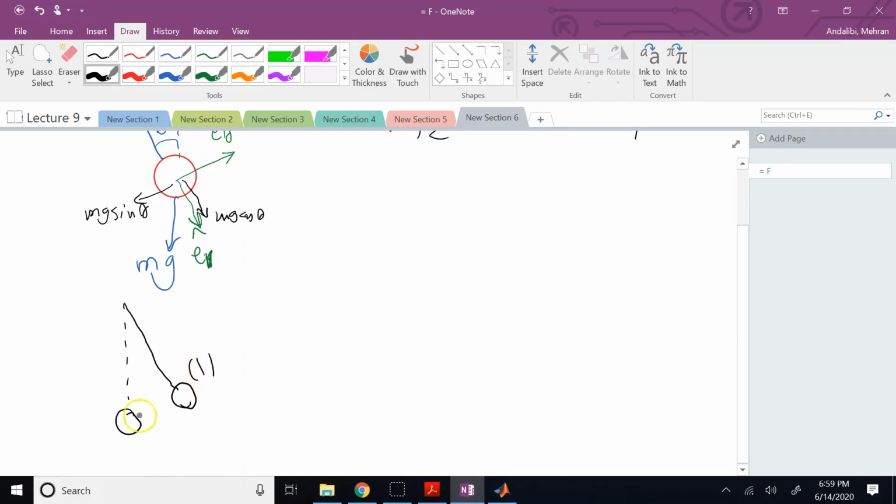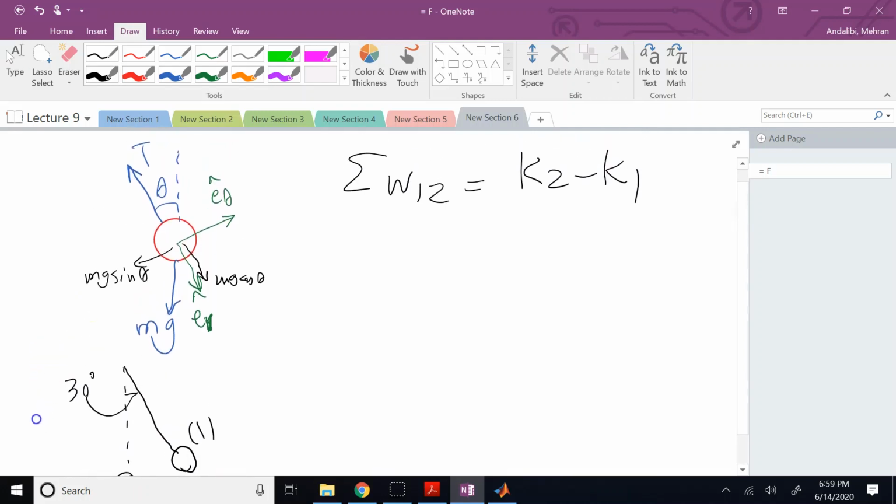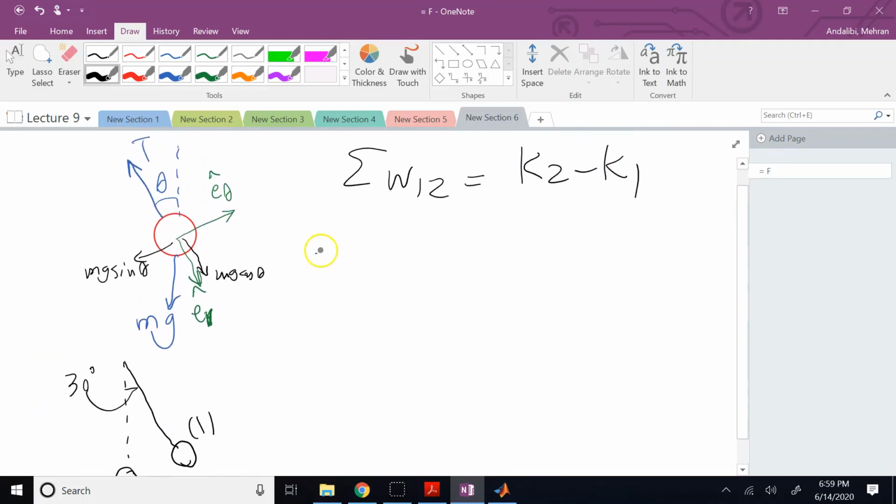So this is position 1, this is position 2, and this angle is 30 degrees, right? So when I calculate the sum of the work, this is all of the work. So it is the work of every single force. So it is going to be the work done by tension plus the work done by gravity.